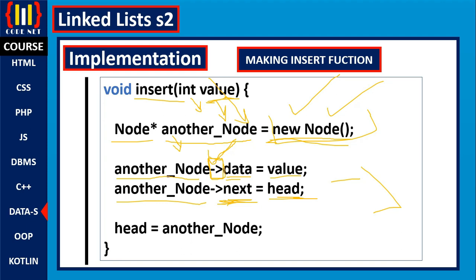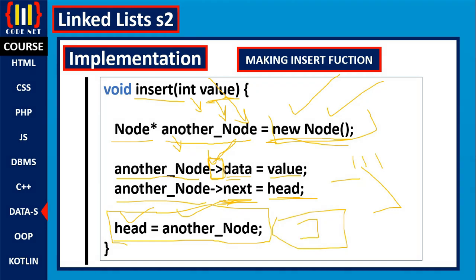But the very key thing that I want us to understand is what's happening here, because we said head is simply a variable that should keep track of the memory address of the very first node that will be created. And this is what we are saying: head is equal to another node.